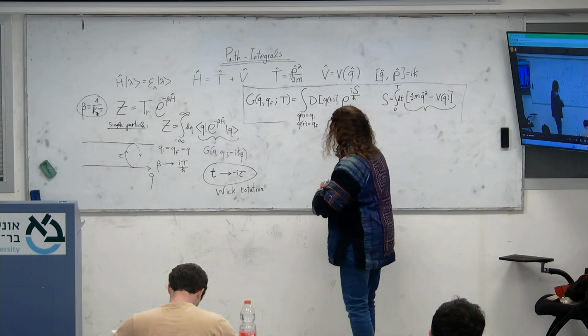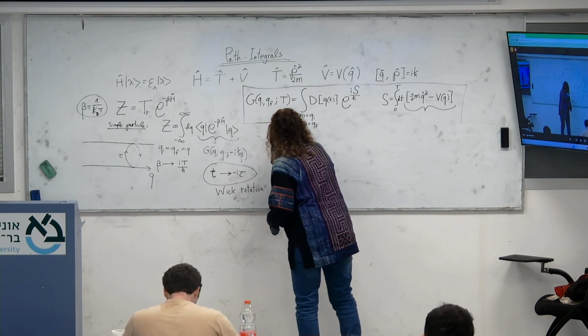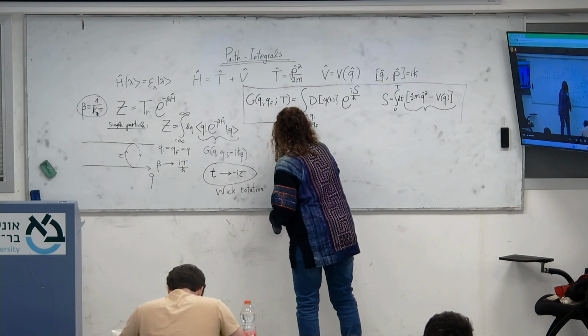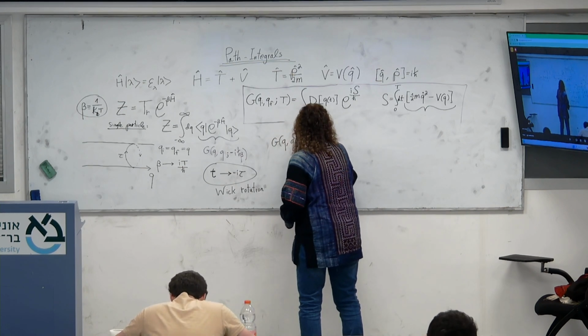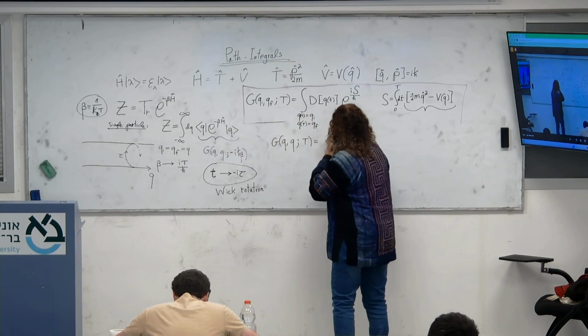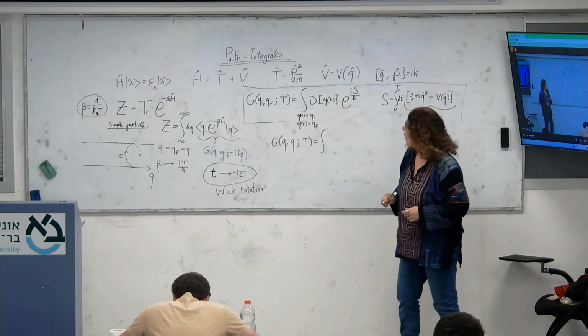So now I'm writing G of q and T, and I just follow the definition.